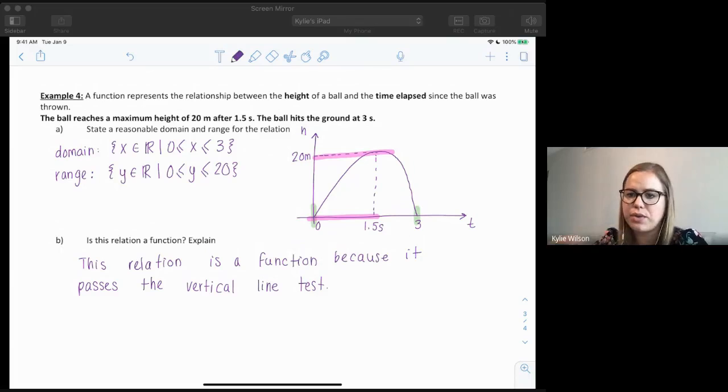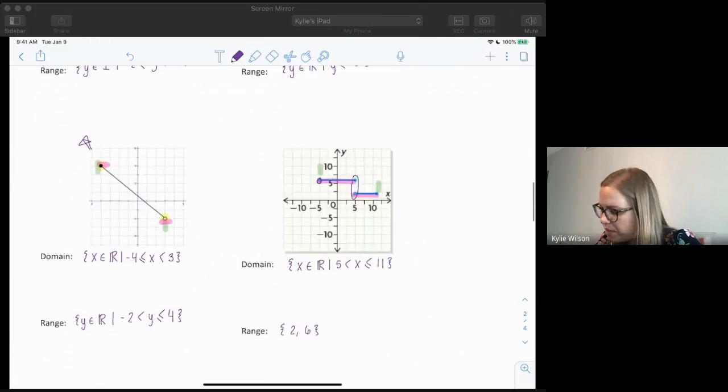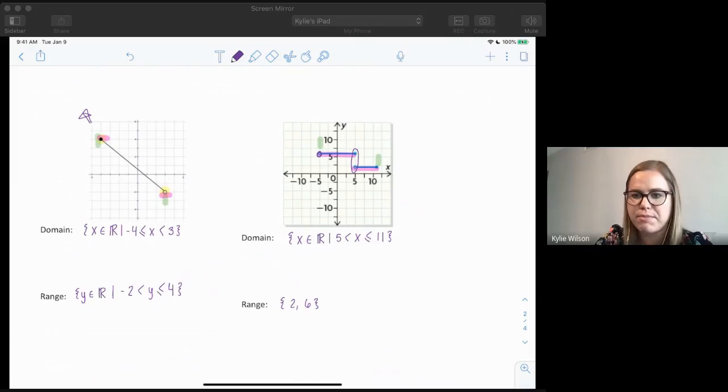Range of the fourth question, example 2. Oh, I think you're talking about this one here. If you're not and I'm doing the wrong one, just let me know. So the range for this one is just 2 and 6. And the reason for that is because if I look at all my y values here, the only y values it has are 2 down here and 6.